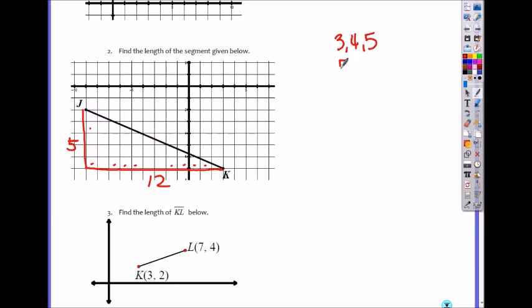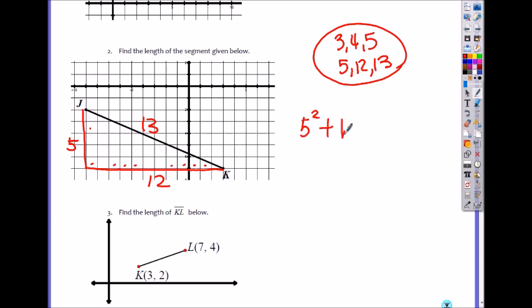The other one is 5, 12, and 13. These two, you don't have to show me work. You can just memorize them. You see 5, 12, then it should become 13. Check it. It's 5 squared plus 12 squared. Square root of that becomes what?